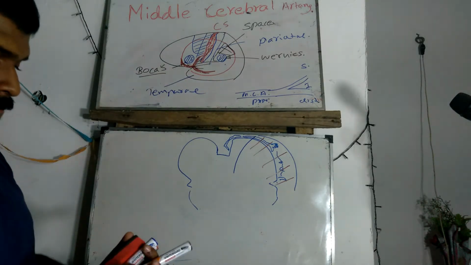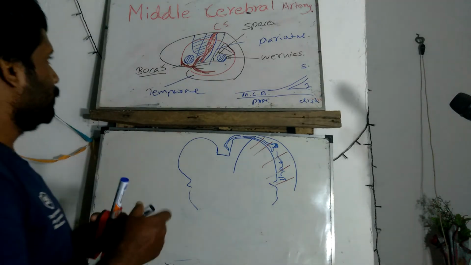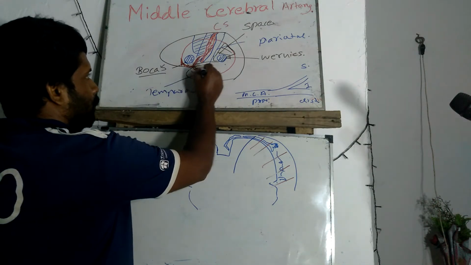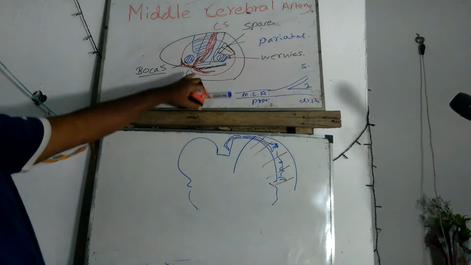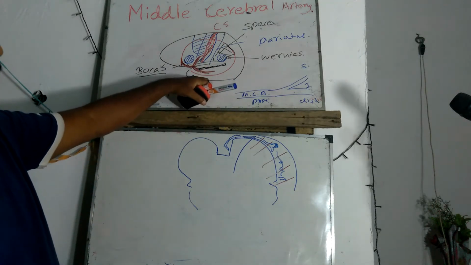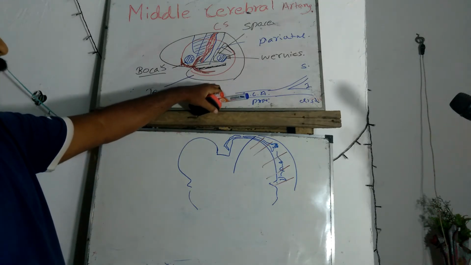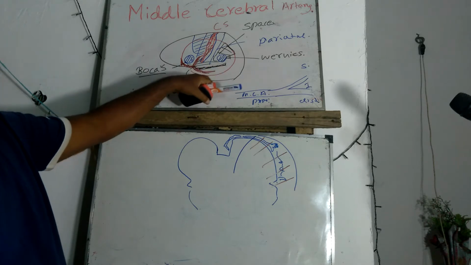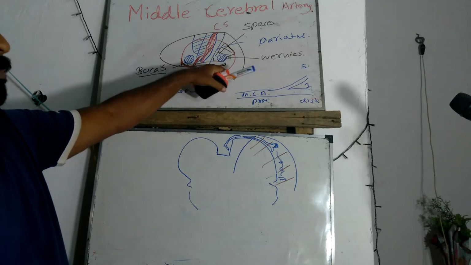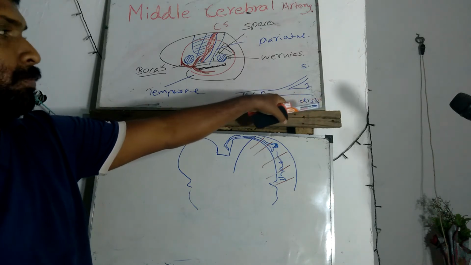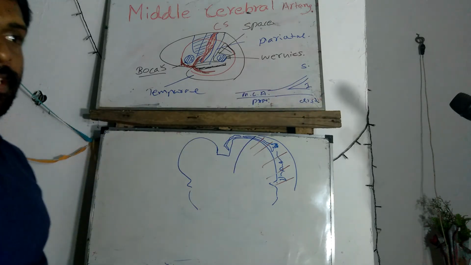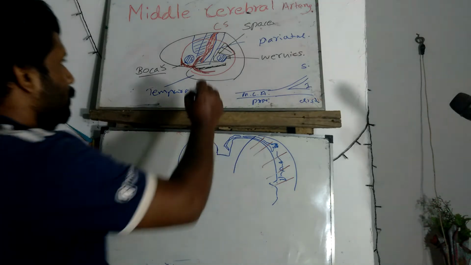Then the lateral sulcus, let's talk about the lateral sulcus. Below the lateral sulcus is the temporal area, and the superior temporal area is damaged by the inferior supply of the middle cerebral artery.